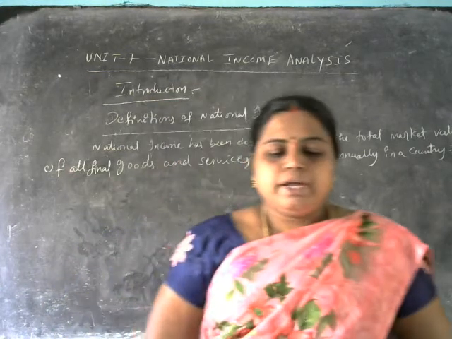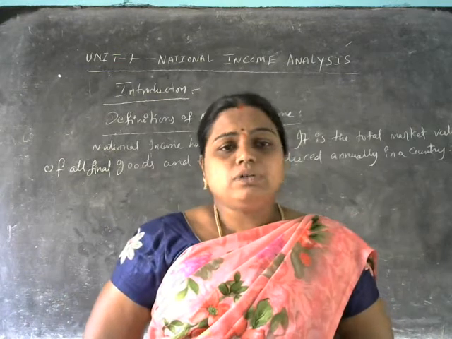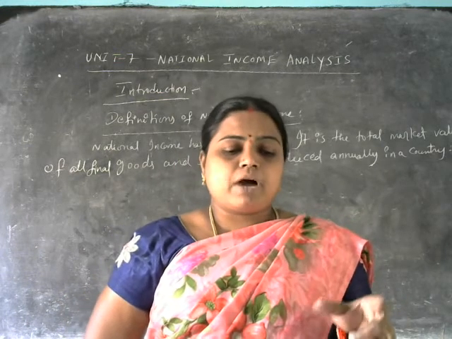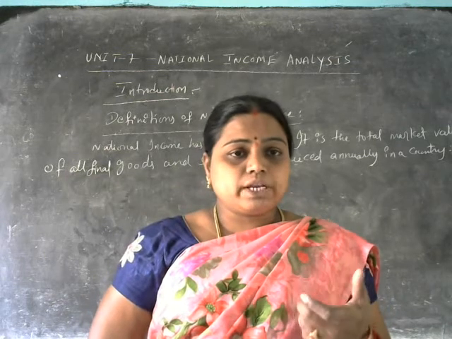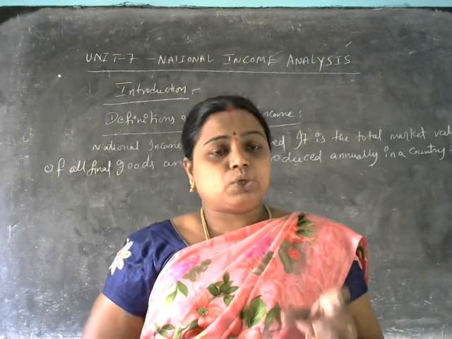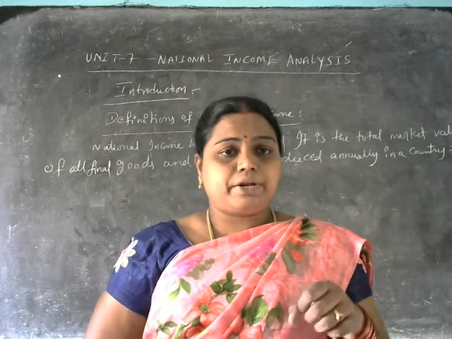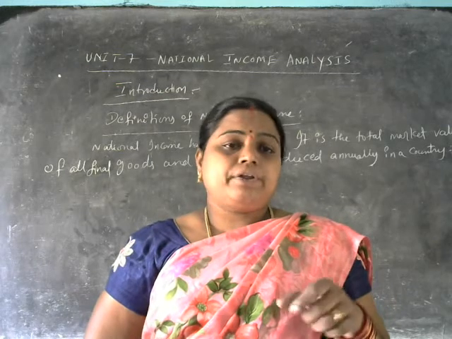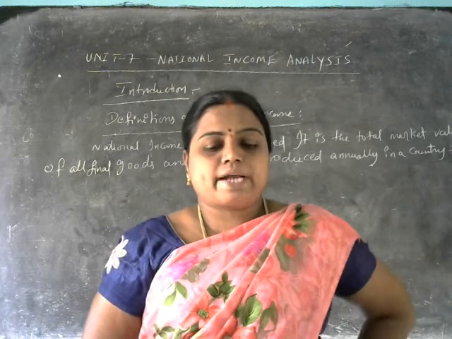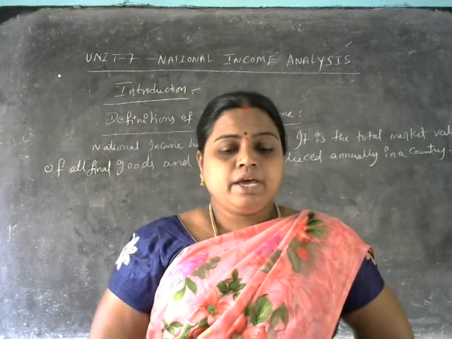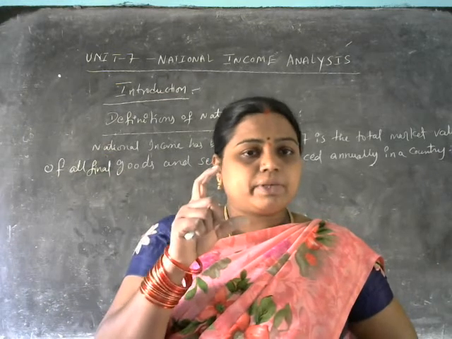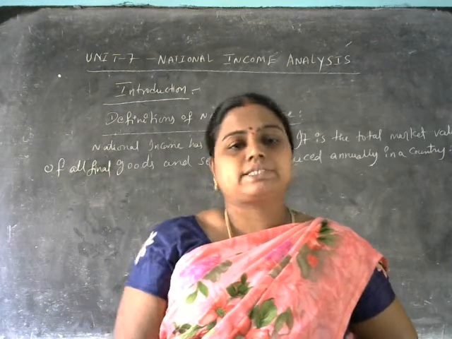In another way, we can also define national income as the total income accrued to a country from various economic activities in a year's time, within 1 period of 1 year, which is called national income.